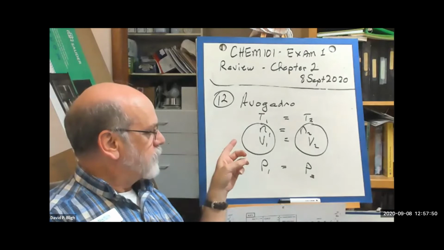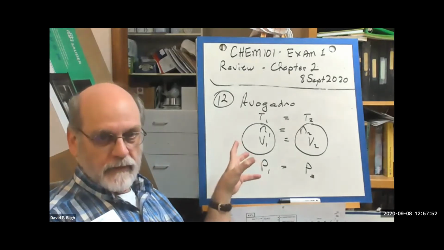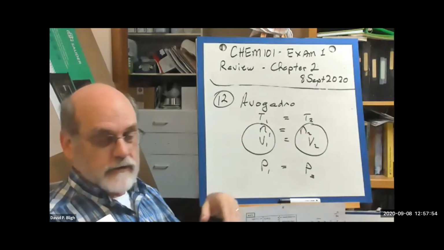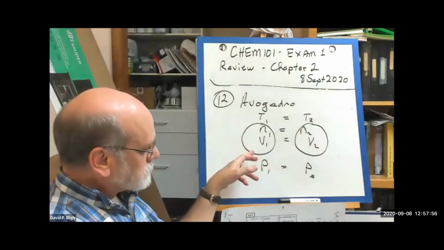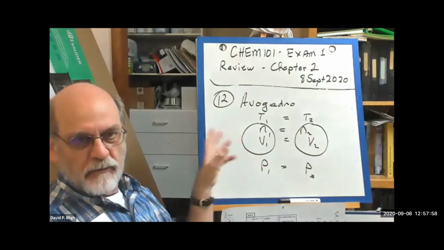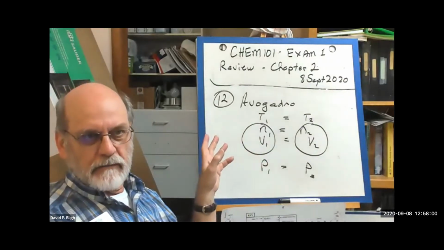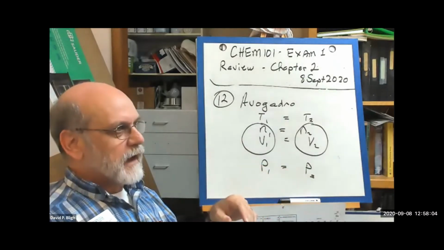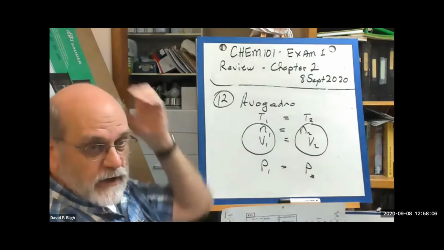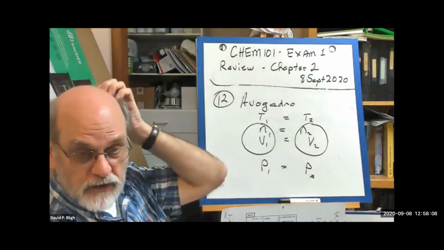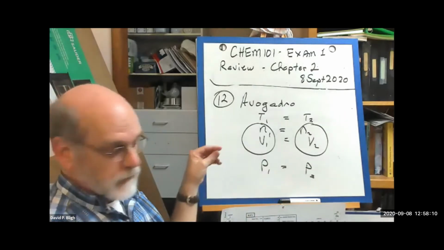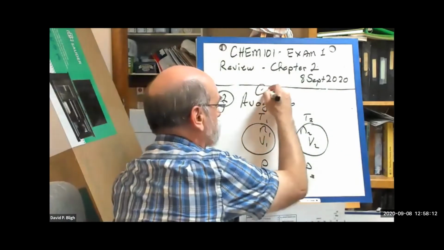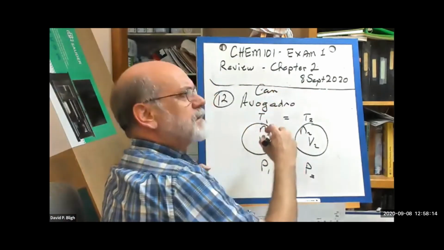And Avogadro's work, which built on others, of course, said this, but nobody seemed to pay attention to it. But there was a young chemist who was doing his work based on Avogadro's work. His name was Cannizzaro.